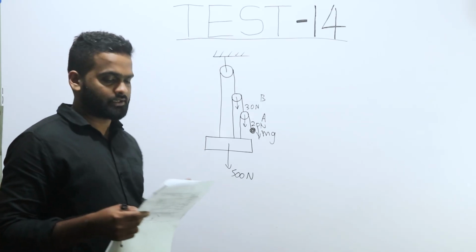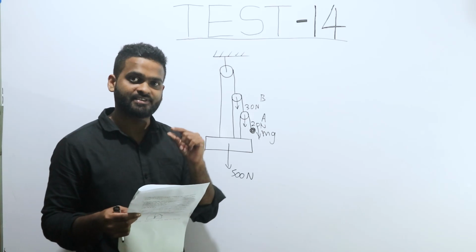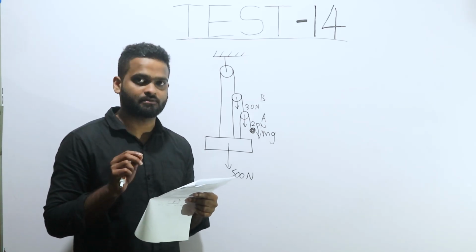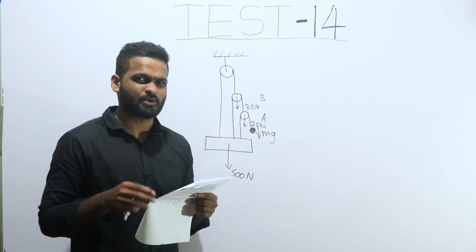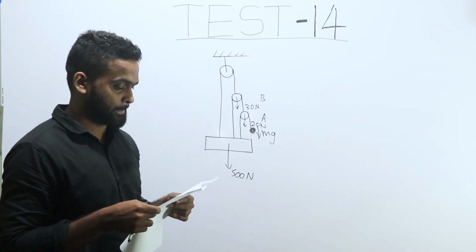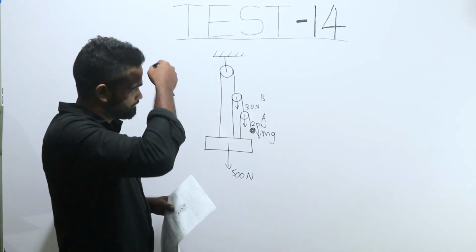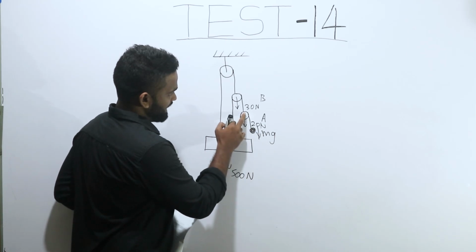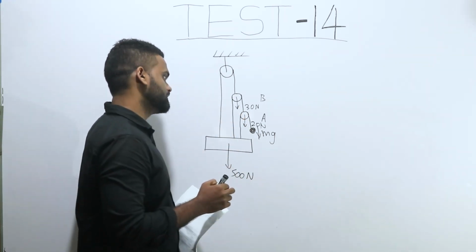This looks complicated, but if you start from the correct position, then this question is not that complicated, right? So A and B, those pulleys are movable.